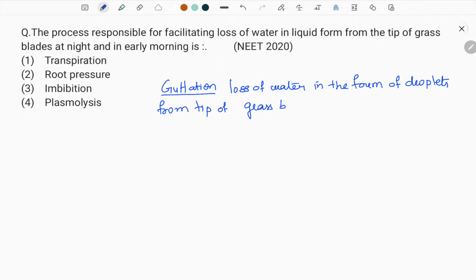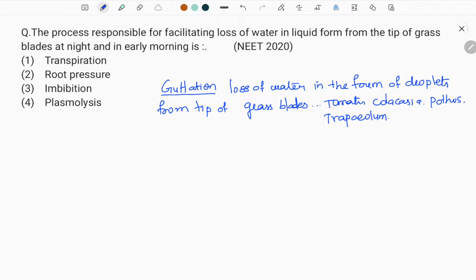Do remember, it is not only present in grass blades but also in tomato, Lycopersicon esculentum, and colocasia. Colocasia is a member of underground stem modification, that is corm. Pothos, an ornamental plant, and Tropaeolum. In all these we find guttation.